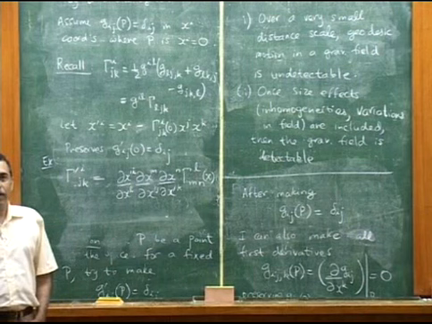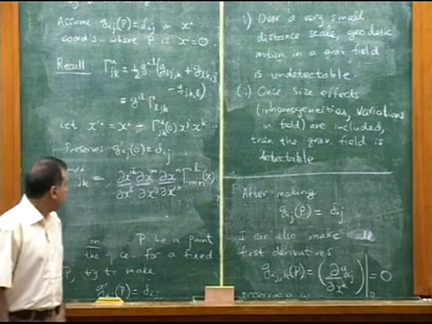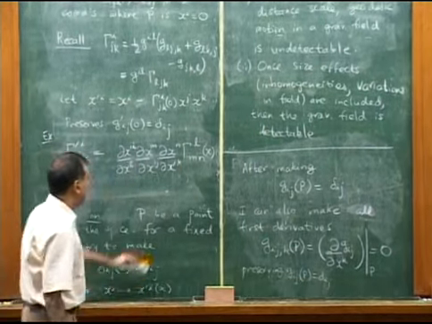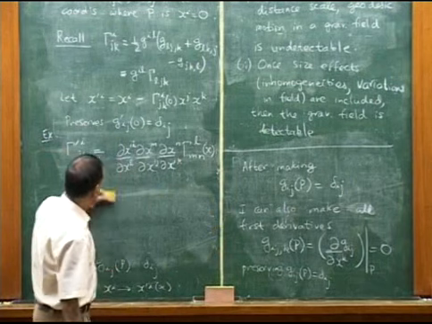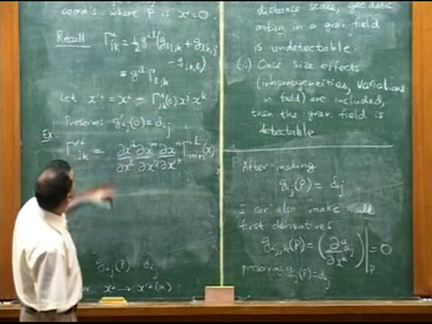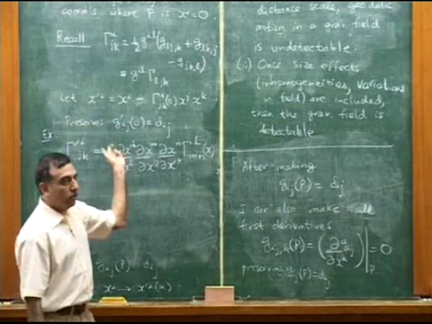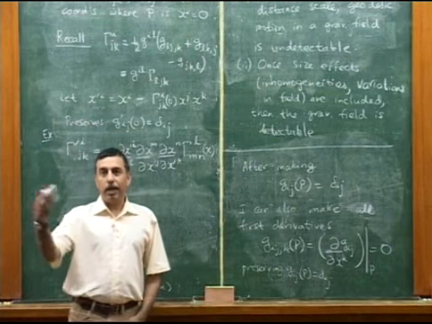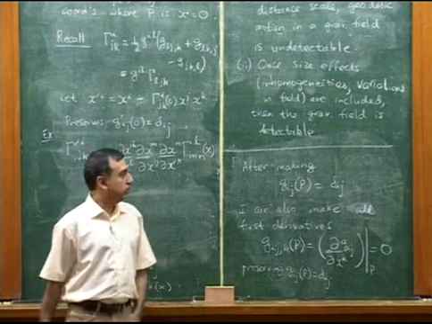I know people are used to it, but there are also people here who are not used to it. So I'm just spelling it out. This is one term, but it's not the whole story. There's one more term, and it comes from what I told you, that when we differentiate the transformation law between g and g prime, some terms come by differentiating the del x by del x prime factors themselves.